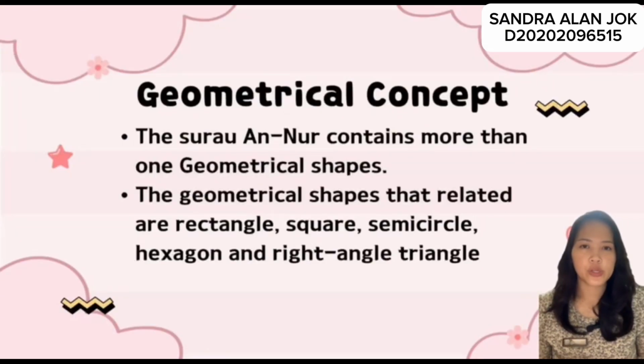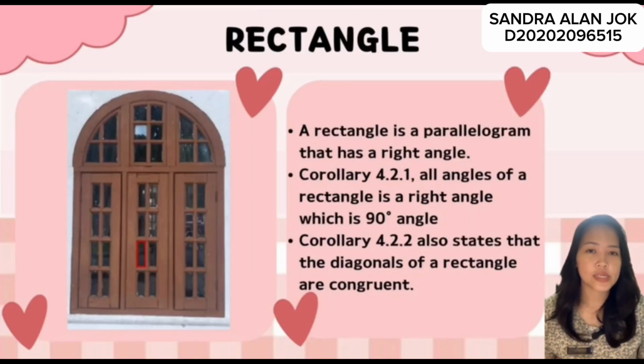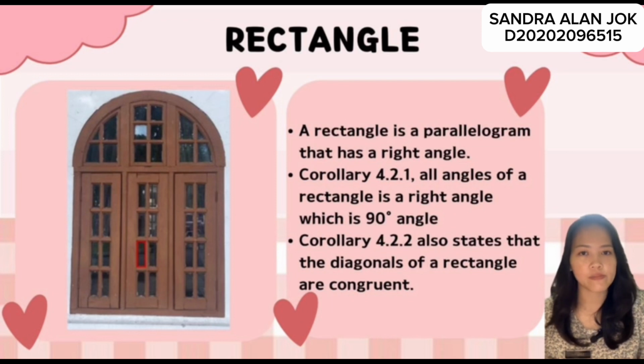Okay, for the geometrical concept, Surau An-Nur contains more than one geometrical shape. The related geometrical shapes are rectangle, square, semicircle, hexagon, and right angle triangle. Let's see the geometrical concept for the first shape that we can see from the window of Surau An-Nur, which is a rectangle.